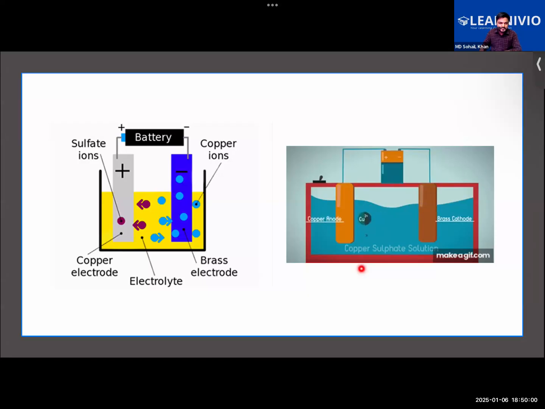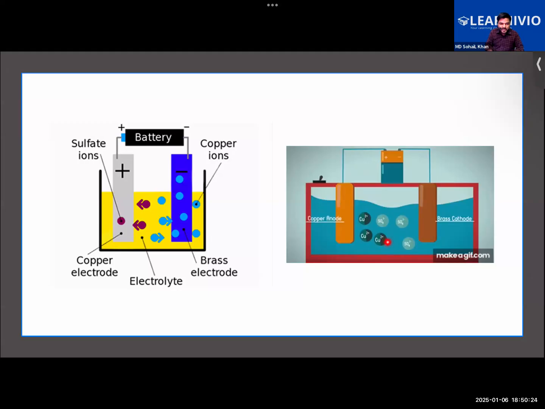Getting it, everyone? So to do electroplating, the first thing is that you need to choose the right electrodes and the right type of electrolyte, so that the metal can be deposited over another metal. If you have to deposit copper on a material, we need an electrolyte that contains copper.